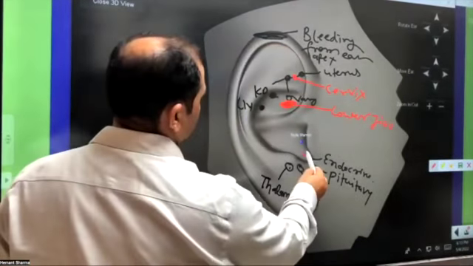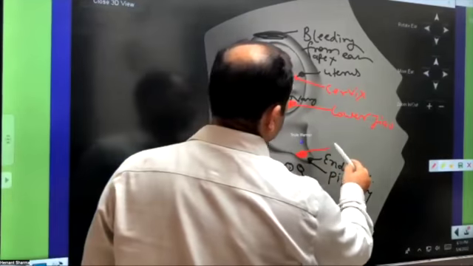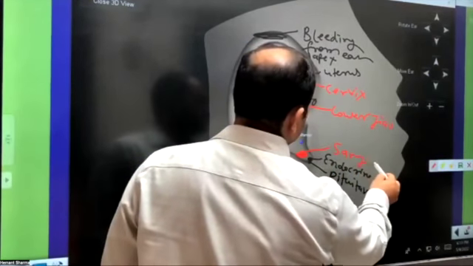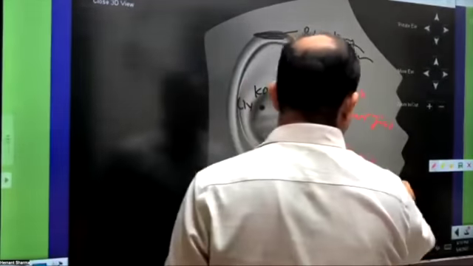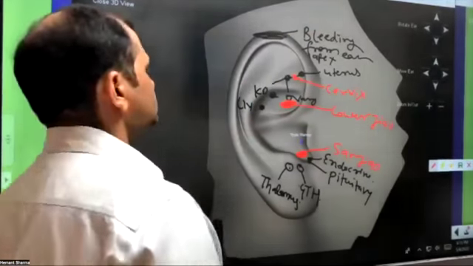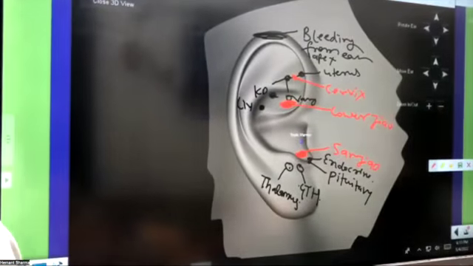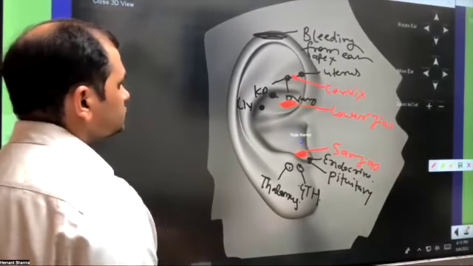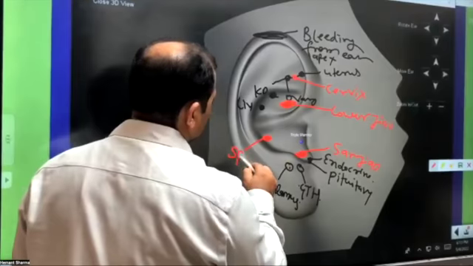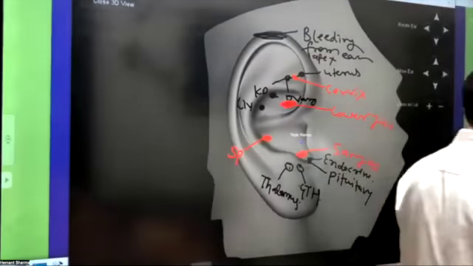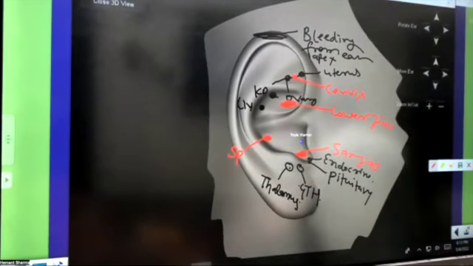We will also use the point sens GIO. We will use the point of spleen. Spleen will reduce the formation of cough, formation of mucus.